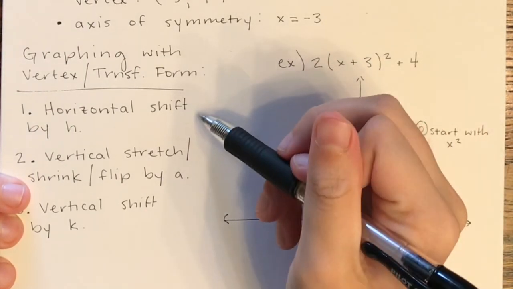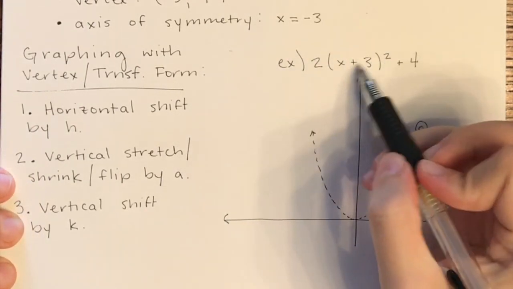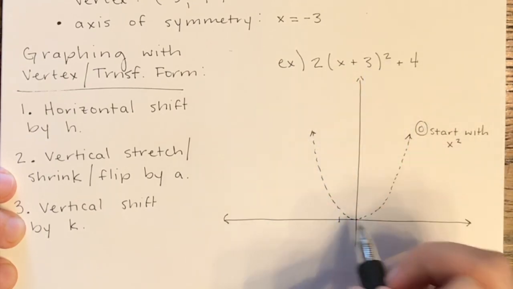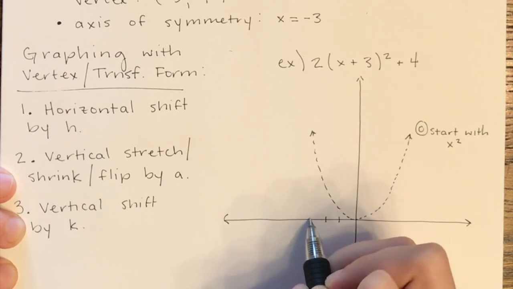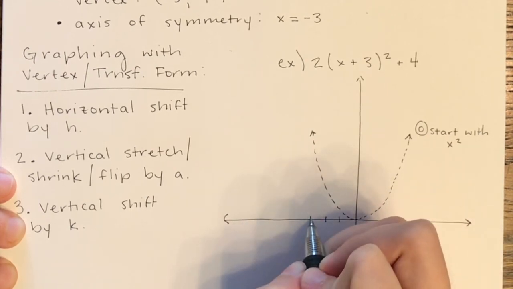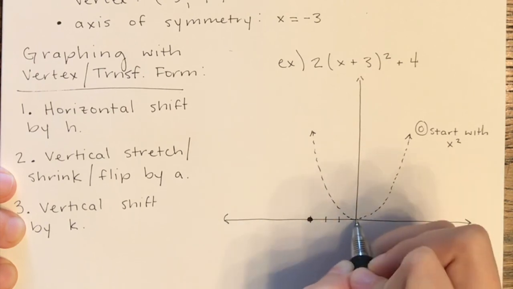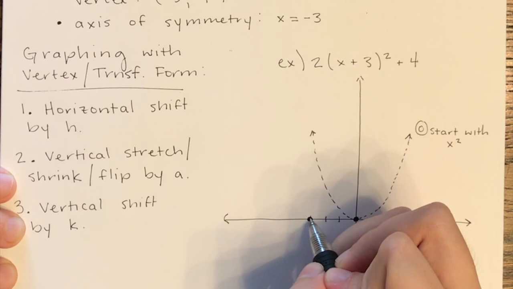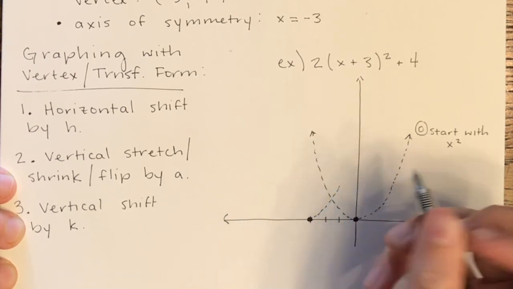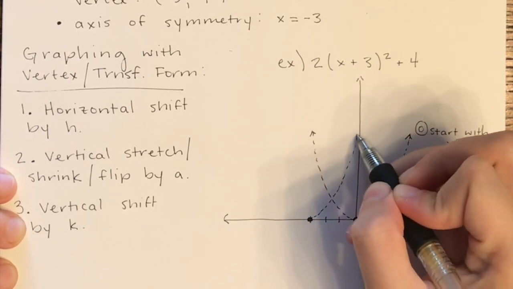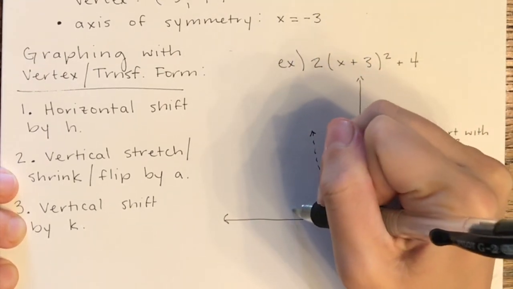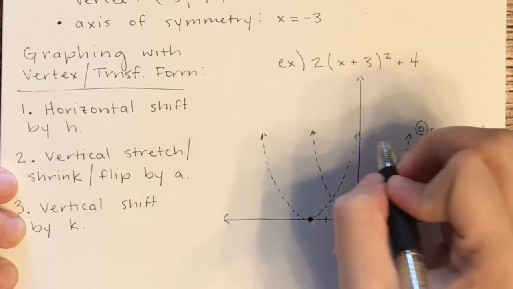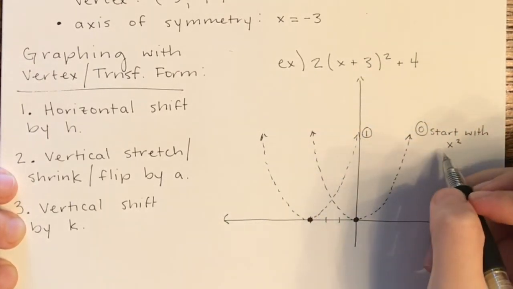Our first step is to shift horizontally by h. We have a +3, which means that we move left by 3. So we have 1, 2, 3 to the left. Our new vertex is going to move from being at (0, 0) to (-3, 0). And our graph kind of goes like this and like this. So this is step 1. We've shifted here.